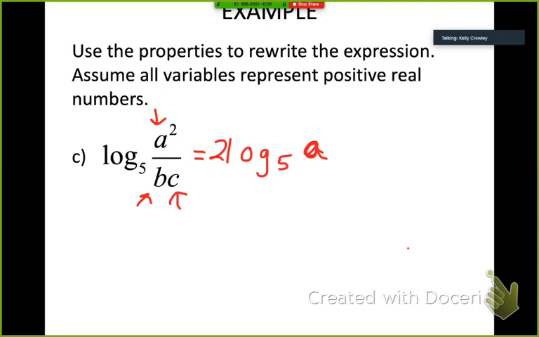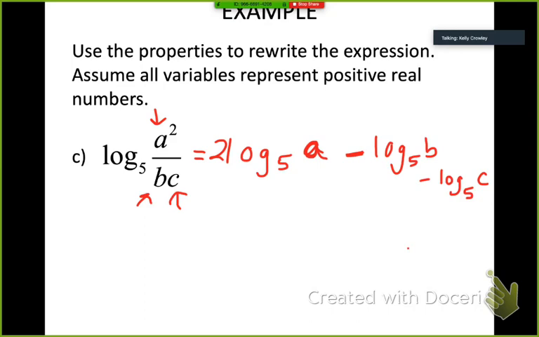Okay, so now let's get to the division part. So that's going to be a subtraction. So we're going to subtract log base 5 b. But then we also need to subtract a log base 5 c.